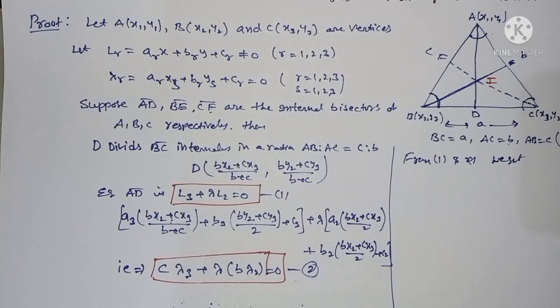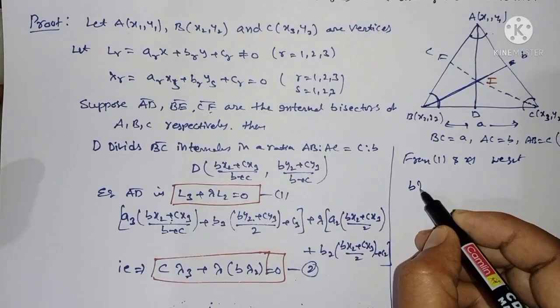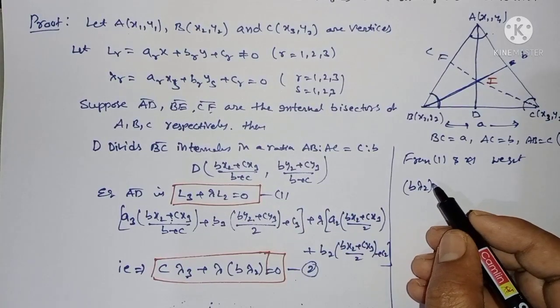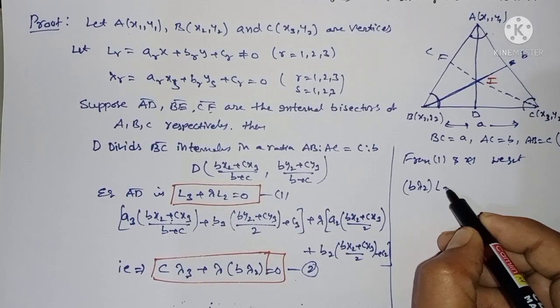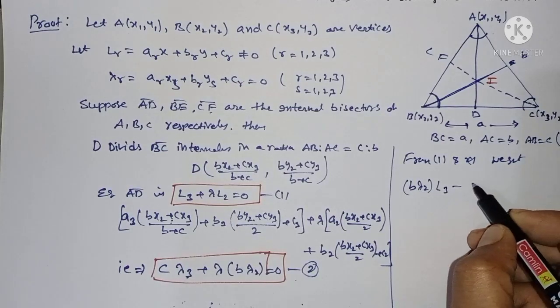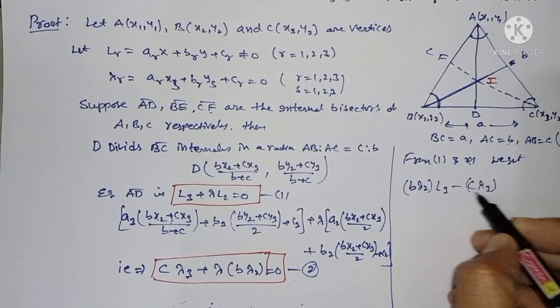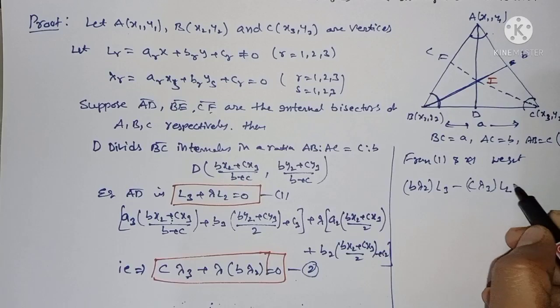What happens is you get b lambda 2 L3 minus c lambda 3 L2 is equal to 0.